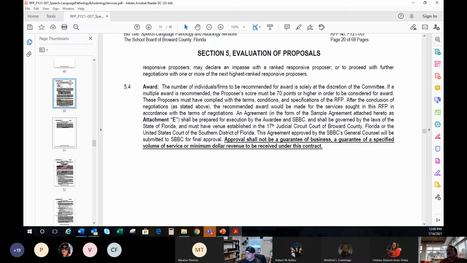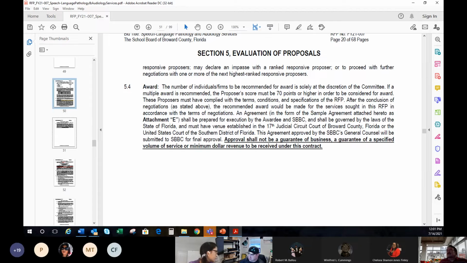So again, all of those proposals that score 70 points or higher will be recommended for award based on the committee member's recommendation.